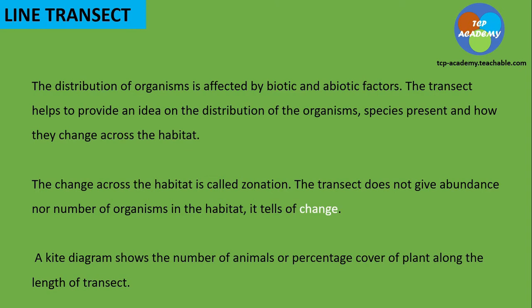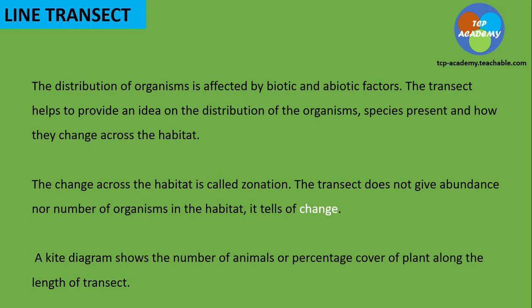The change across the habitat is called zonation. The transect does not give abundance nor the number of organisms in the habitat. It tells about change. So please bear in mind the transect line is not used to determine abundance.